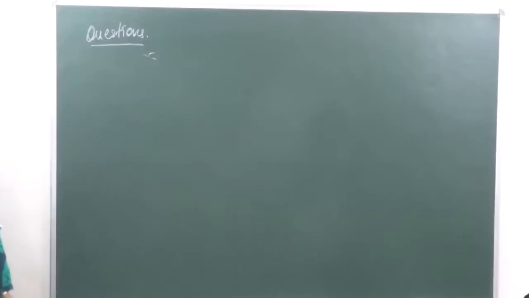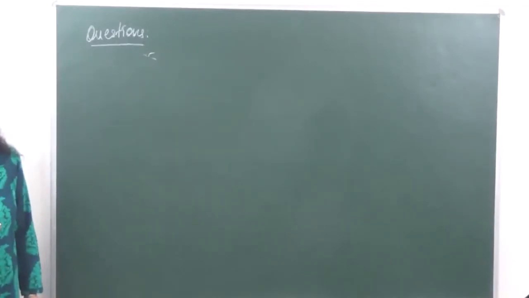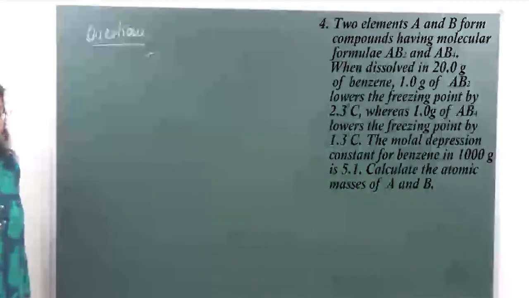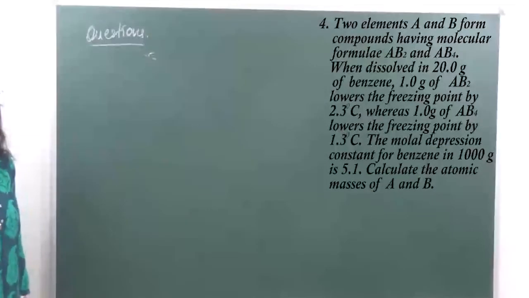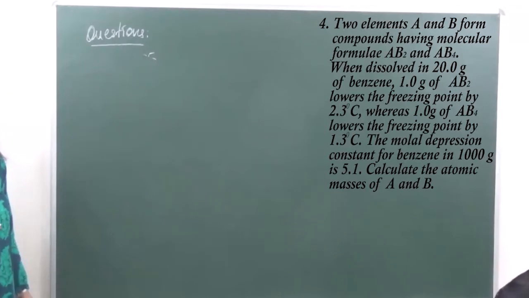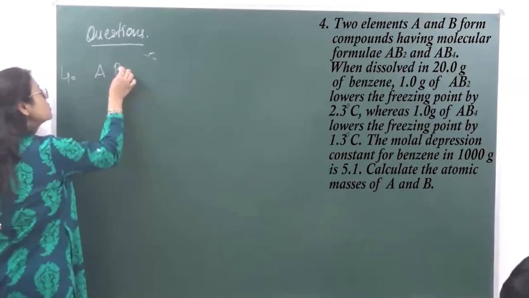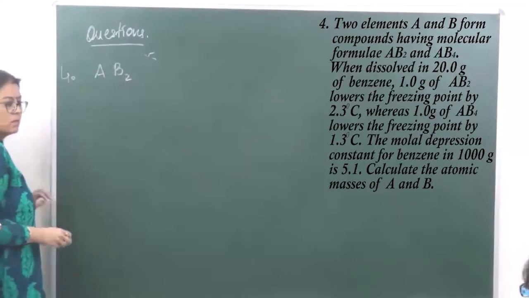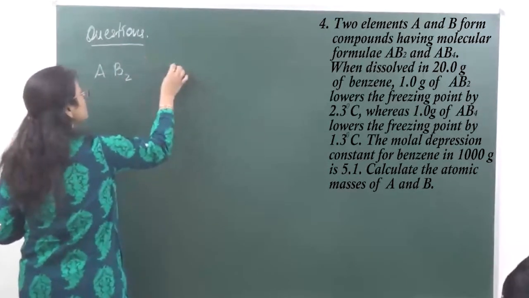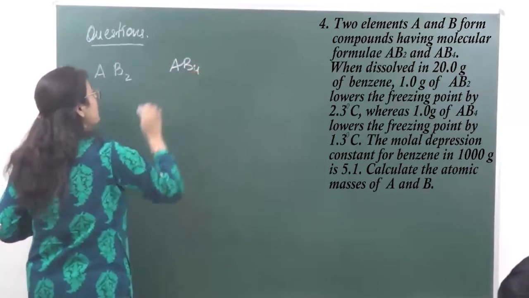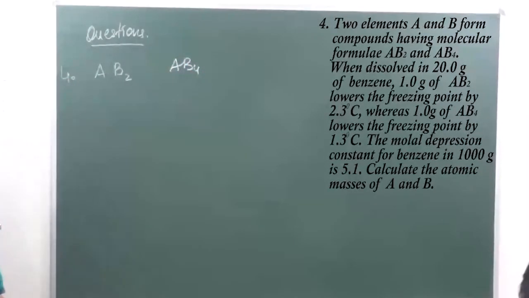Question number 4 is again a little different question. So let's see the question first. Two elements A and B form compounds having molecular formula AB2 and AB4. So they have given to us two compounds, one with formula AB2 and the other one with formula AB4.